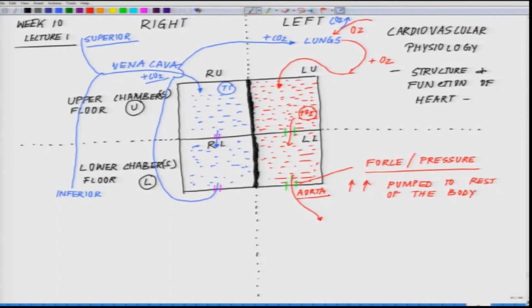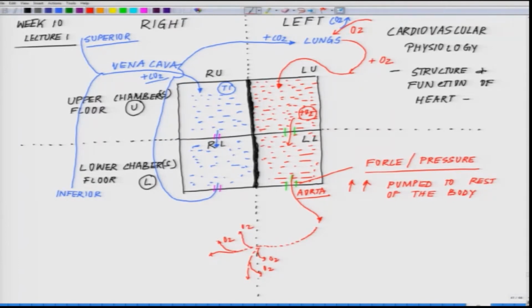Okay. So now this blood travels all over to different organs. It goes to the superior region, inferior region, and in that process at every place it goes, it gives away the oxygen to the different tissues. We will come to that when we talk about the circulatory system as a part of this cardiovascular system.